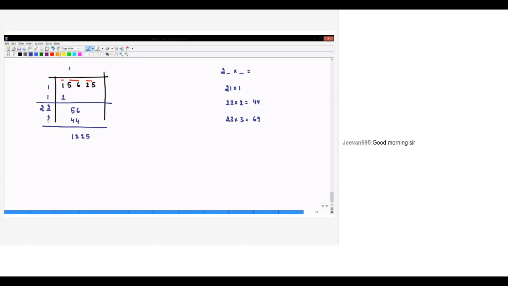Multiplying it with 2 means add 2. 245, 5 are. Therefore, it is 125 square.